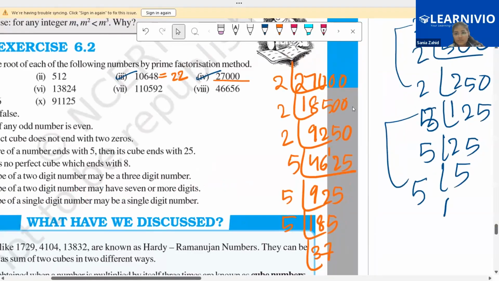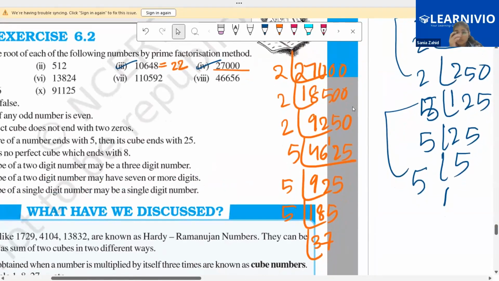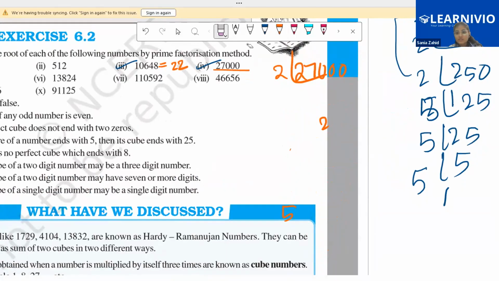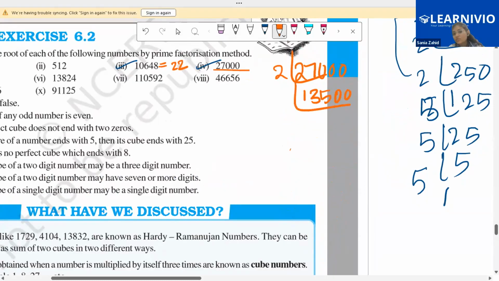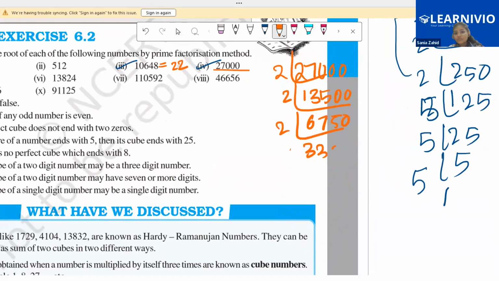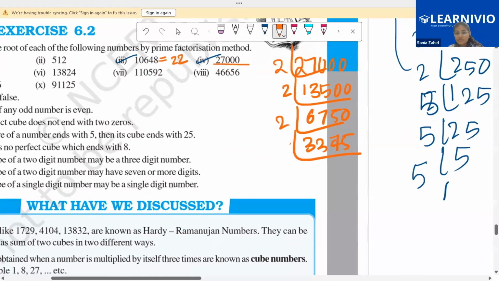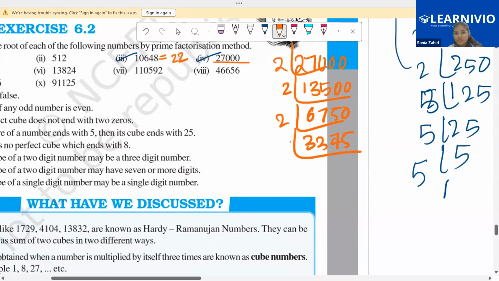Ma'am, I think it's not 18500 instead of 8, it should be 3, I think. 13500. Okay. Now we have 2, 6, 7, 2, 3, 9, 12.